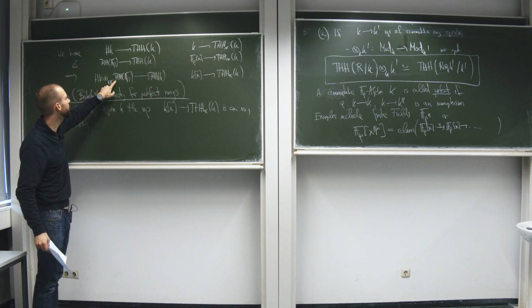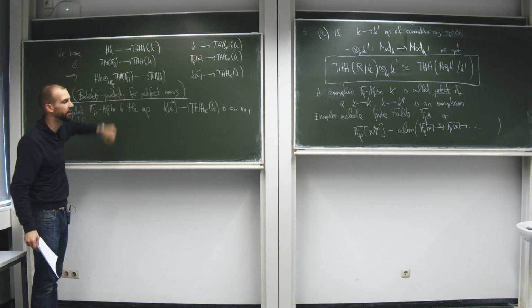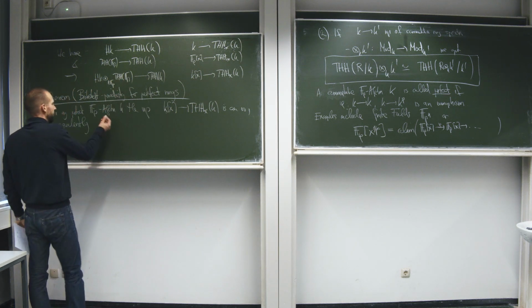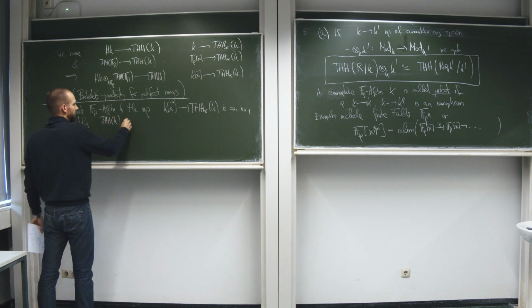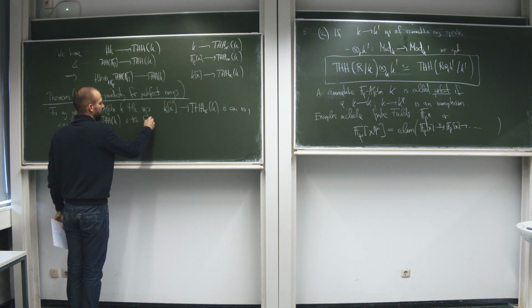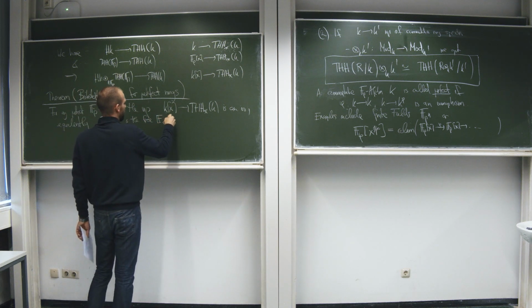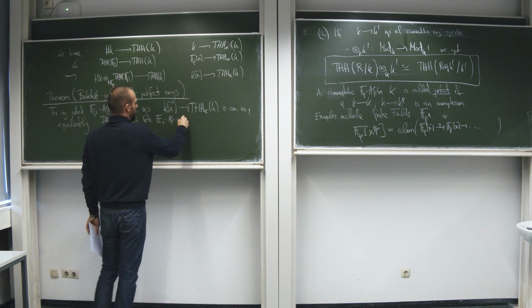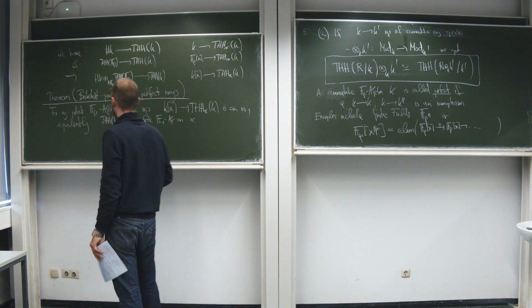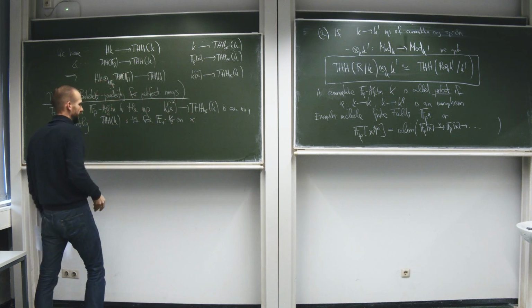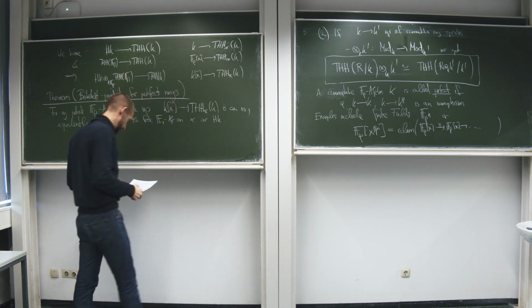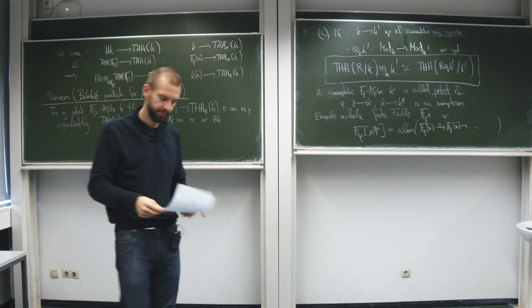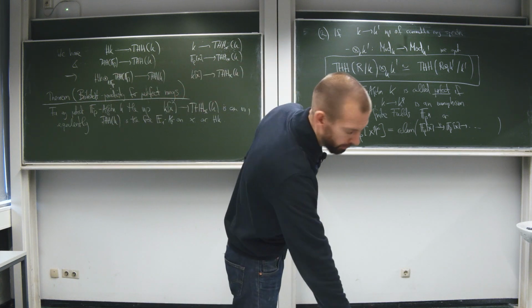But using that this we had already identified as a free E1 algebra, you can also write this as saying that THH K is the free E1 algebra on x over K. Okay, and I want to prove this result now.